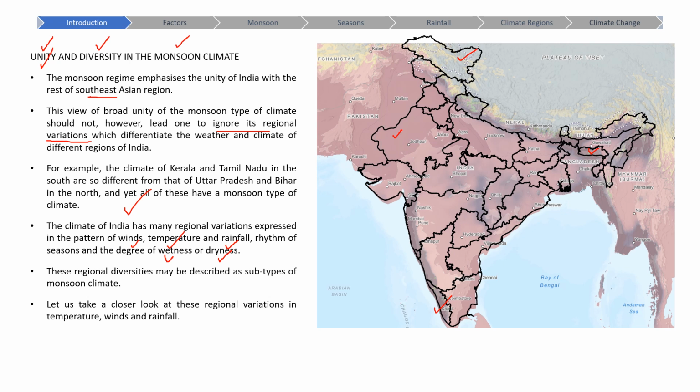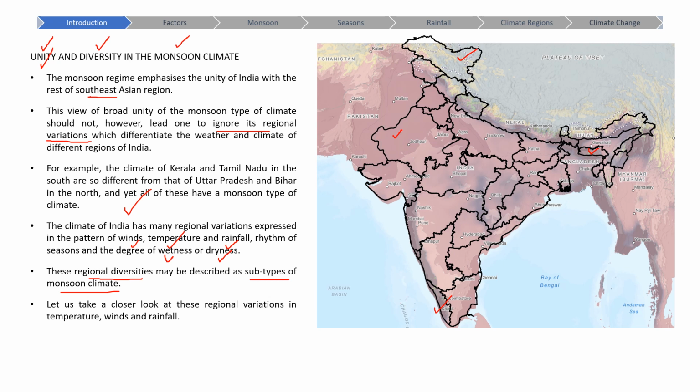So these regional diversities can be explained or described as subtypes of monsoon climate. The monsoon climate is a single word which you can use for India, but under monsoon climate there may be some other subtypes.